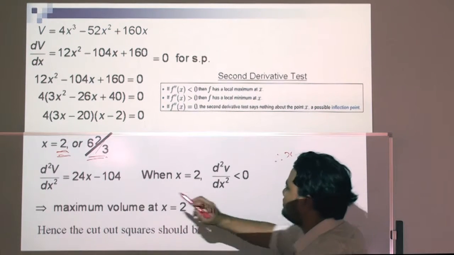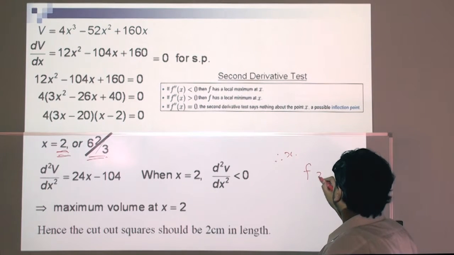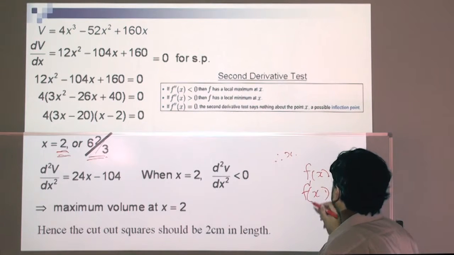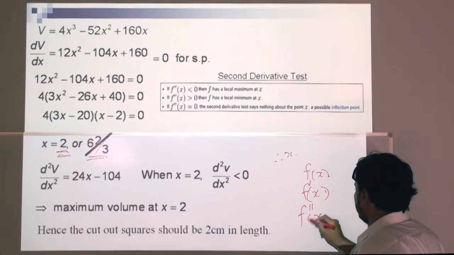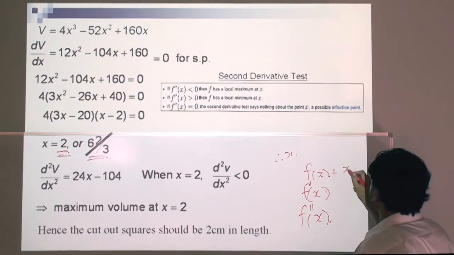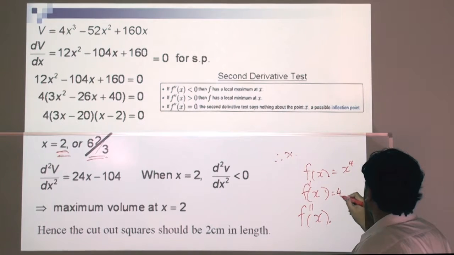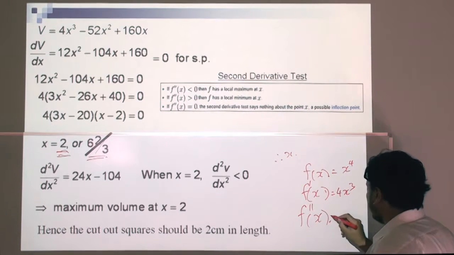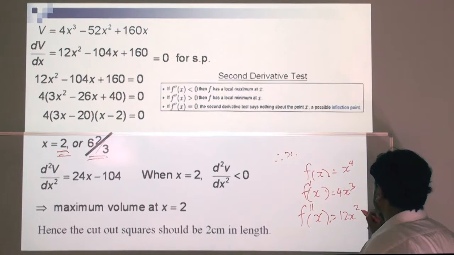Now we do something called the second derivative test. Here's a quick example. f dash x, second derivative, two dashes, two primes. Say for example you have x to the 4, and that becomes 4x cubed. The double derivative, second derivative, becomes 12x squared.